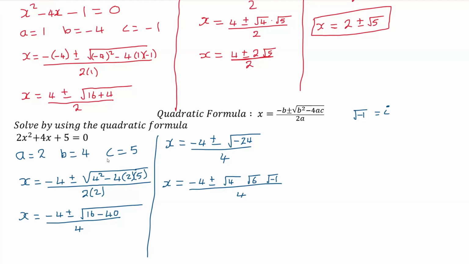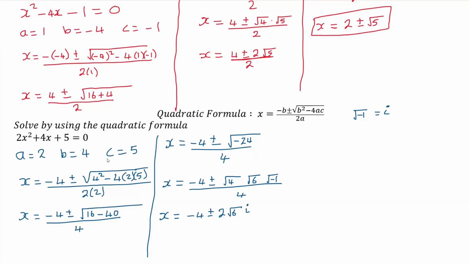The 6 we cannot take the square root of, so it's going to remain in the square root. And the square root of negative 1, we're going to change that to i. So if we rewrite, you get negative 4 plus or minus the square root of 4 is 2, then the square root of 6, and then i.